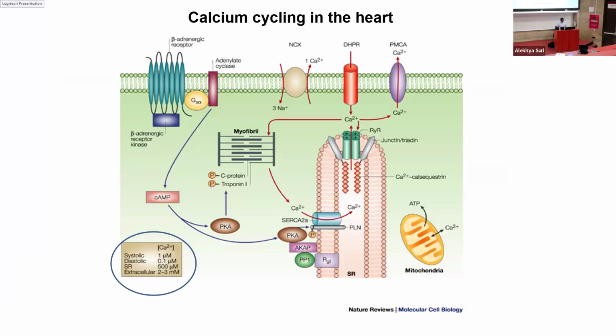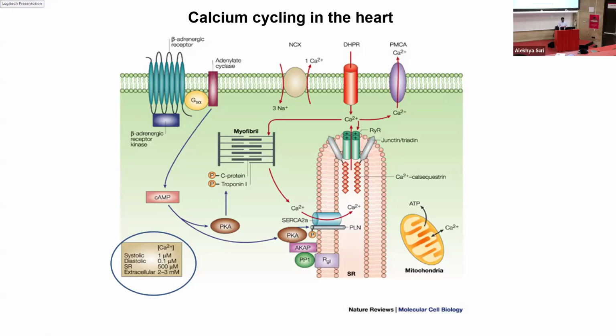In the next few slides, we're going to see how calcium is important and how it modulates diastole and systole. This cartoon shows all the major calcium channels in the plasma membrane as well as in the sarcoplasmic reticulum. As I said in the beginning, the plasma membrane plays an important role because it also forms a structure called T-tubules. A T-tubule is an invagination of the plasma membrane, which goes deep inside the cell.